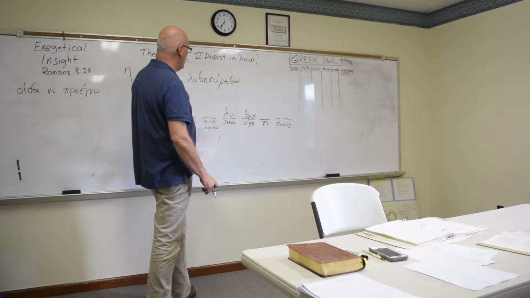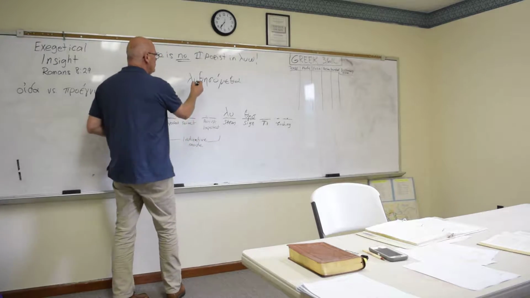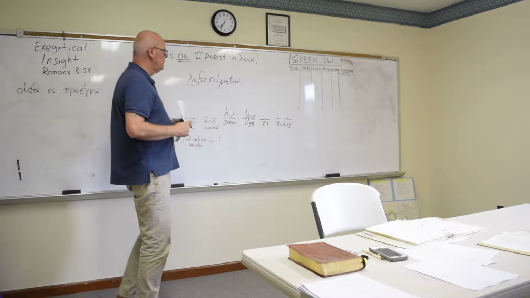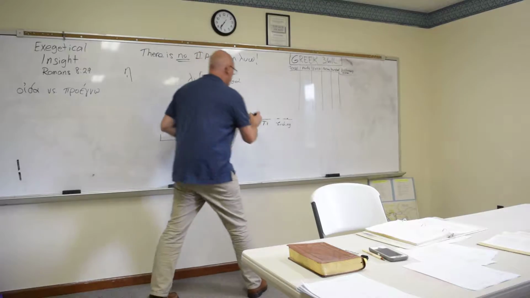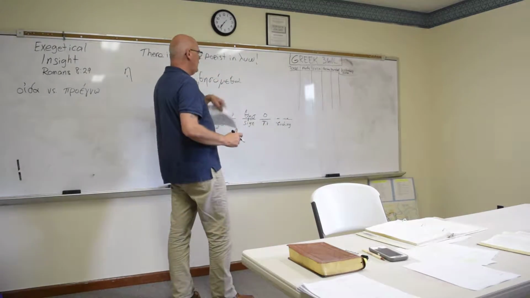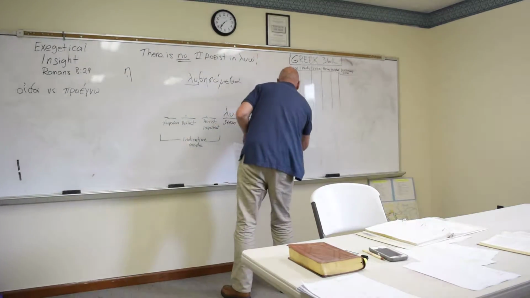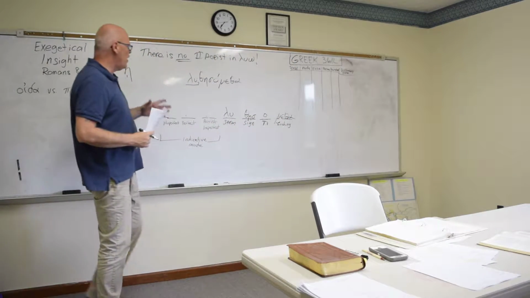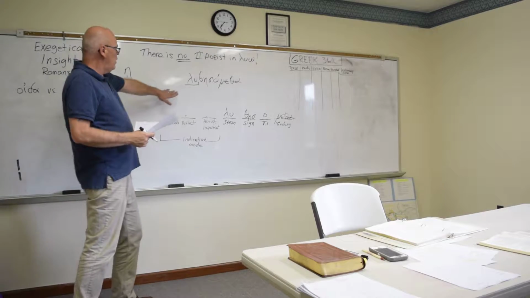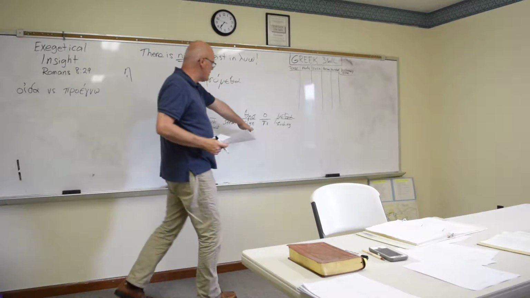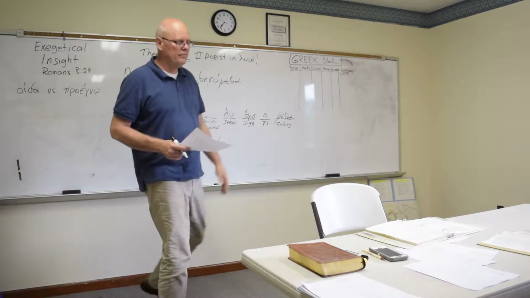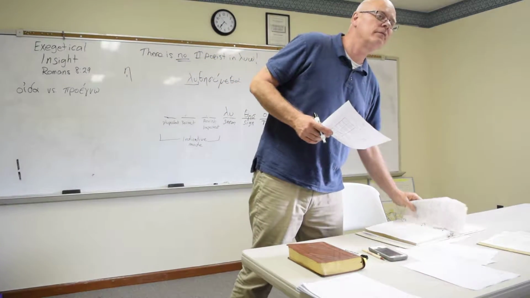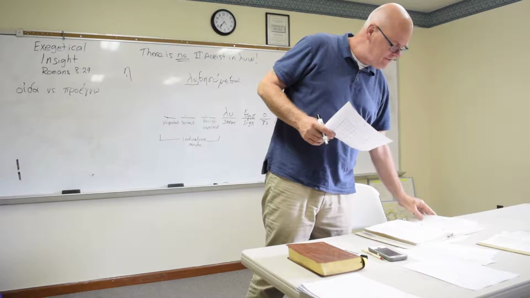All right, what's the thematic vowel? Omicron. Okay, ending, the rest of that? Nothing. So what does the sign tell me? The sign tells you that we are in the future tense.